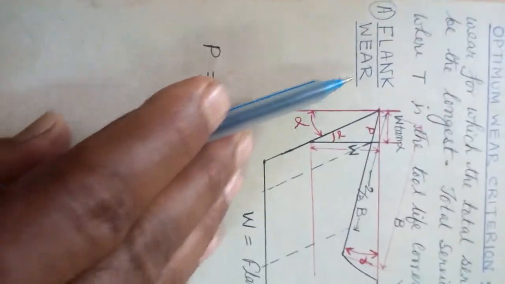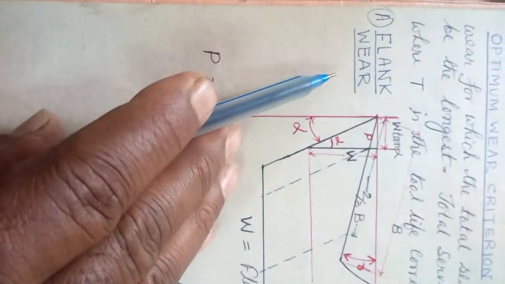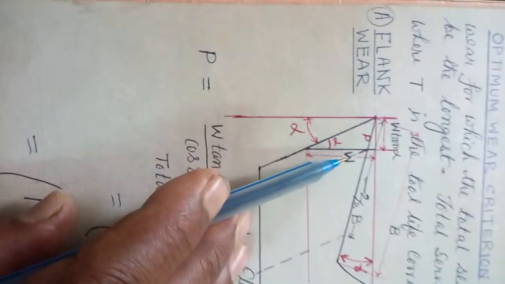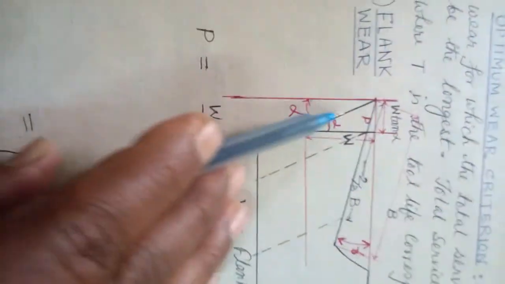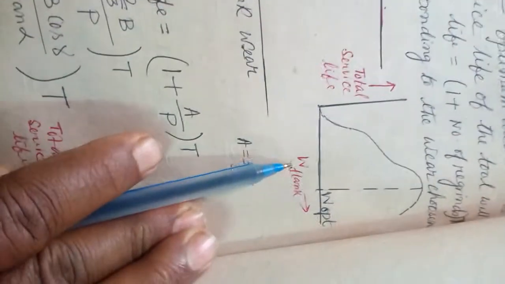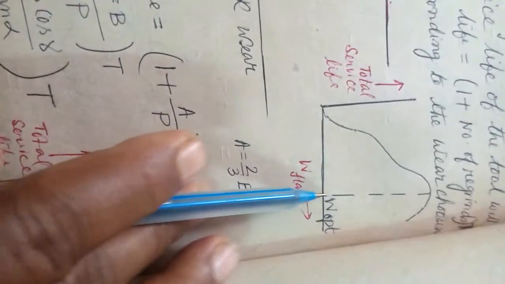Now flank wear we have done earlier, previously but not in detail. Here it is the detailed criteria, and this is the W flank, this is the optimum.